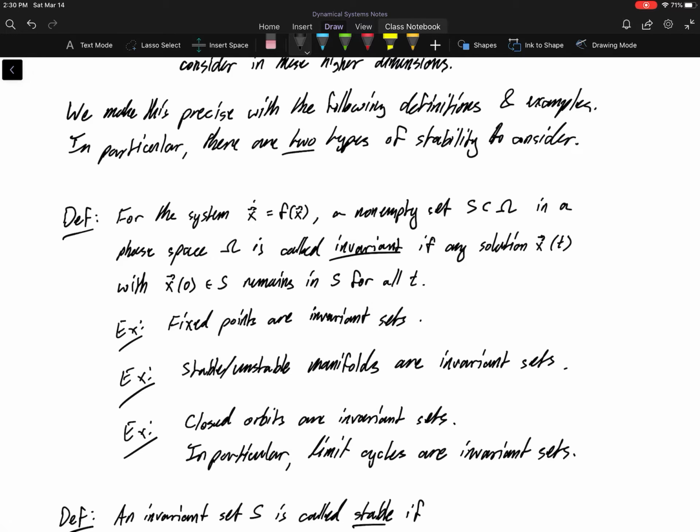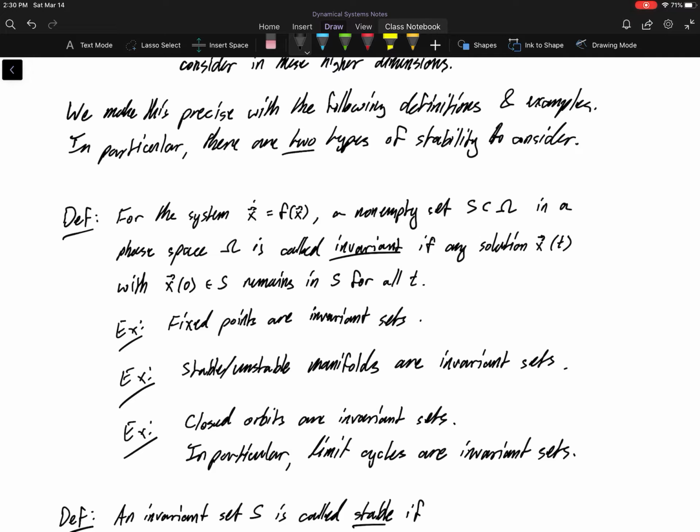So forward time. But anyway, examples of invariant sets. Fixed points. Fixed points are invariant sets, right? If I start on a fixed point, then I stay on there for all time, forward and backward. Stable and unstable manifolds are also invariant sets.